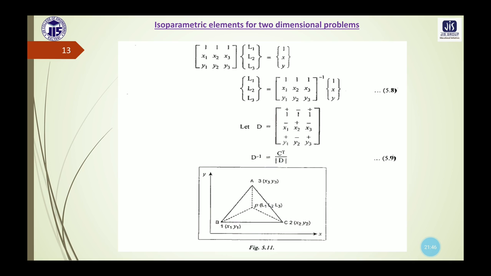So the column matrix L1 L2 L3 equals the inverse of that 3 by 3 matrix multiplied by the column matrix of 1 x y. This is equation number 5.8.